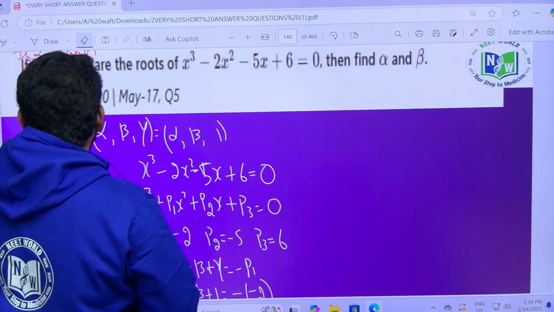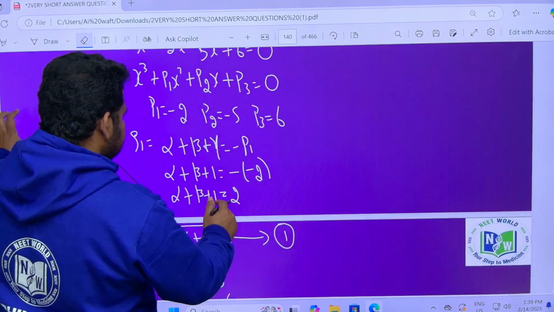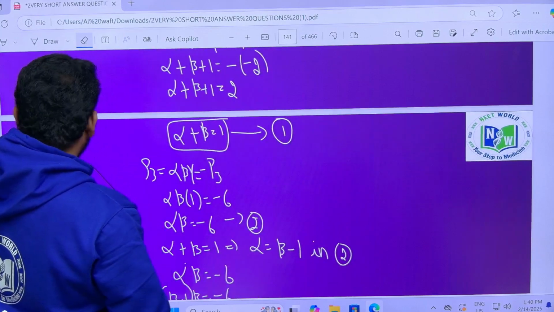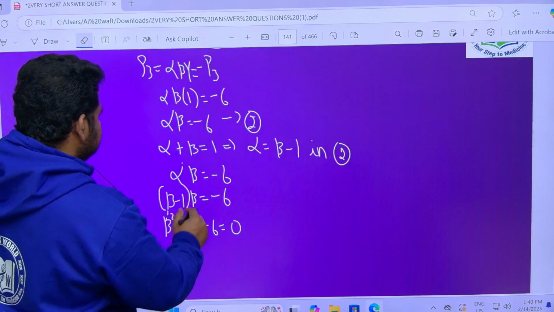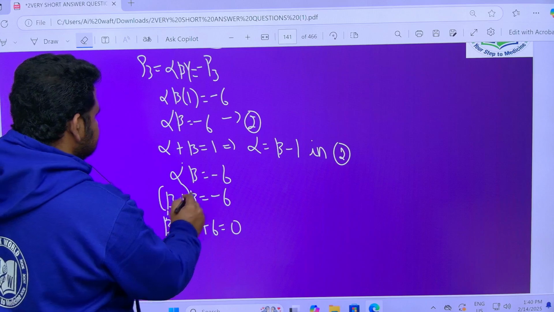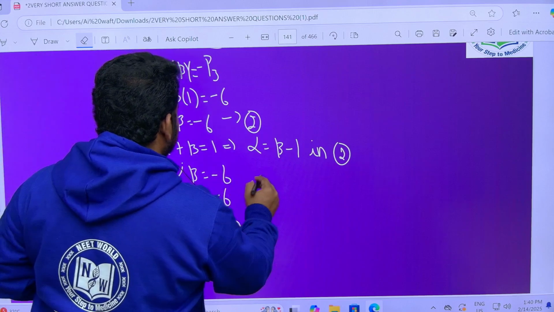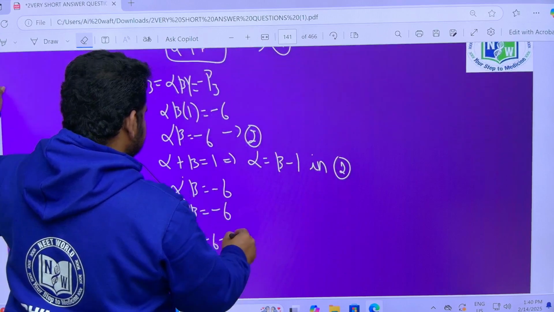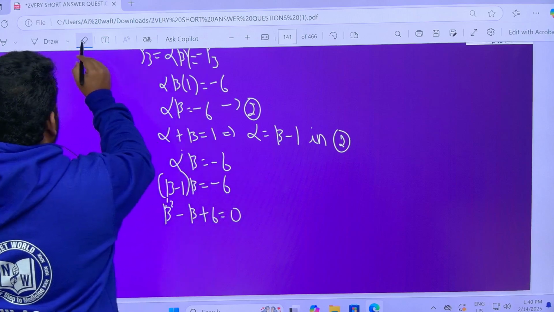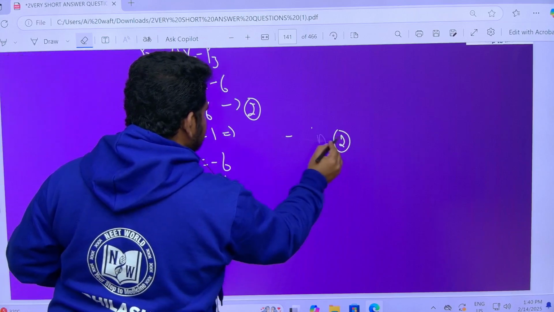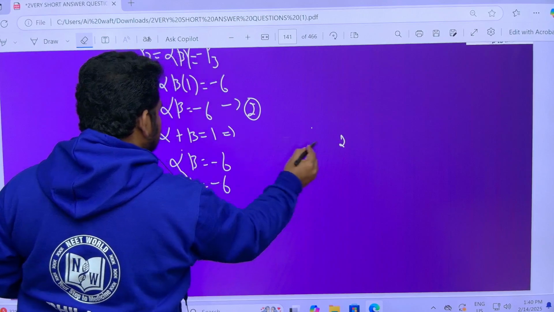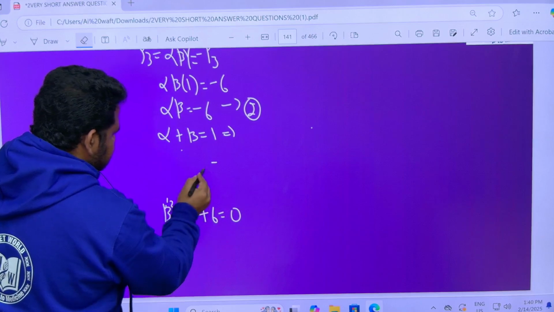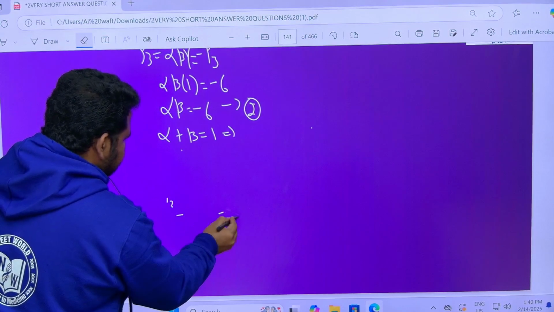So this will be minus 6. So what will happen to this? The value is not beta minus 1, it is 1 minus beta. This is where we have gone wrong. There is nothing wrong in the question. So alpha will be equal to 1 minus beta.